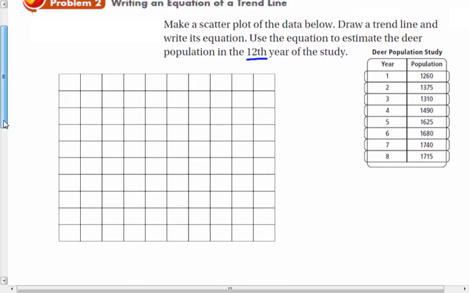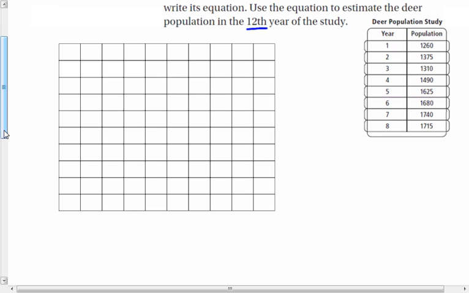So again, let's make a graph of this, and it looks like it would be appropriate for the years on the x-axis to go up by 1s. The populations are in the thousands for the deer, so this is going to be deer population.